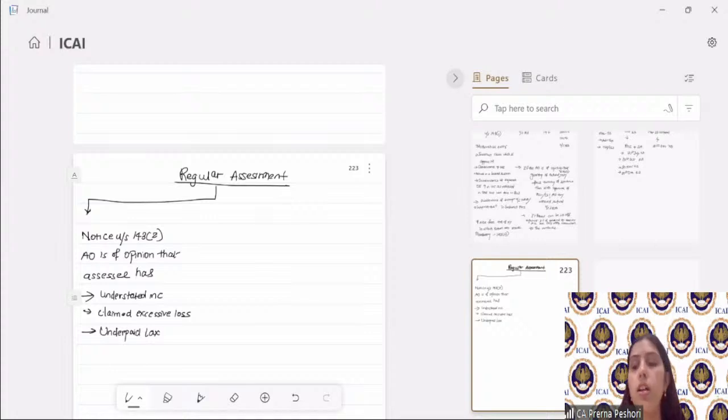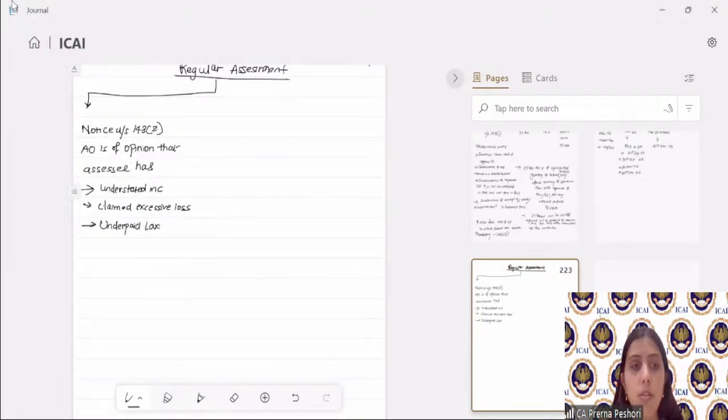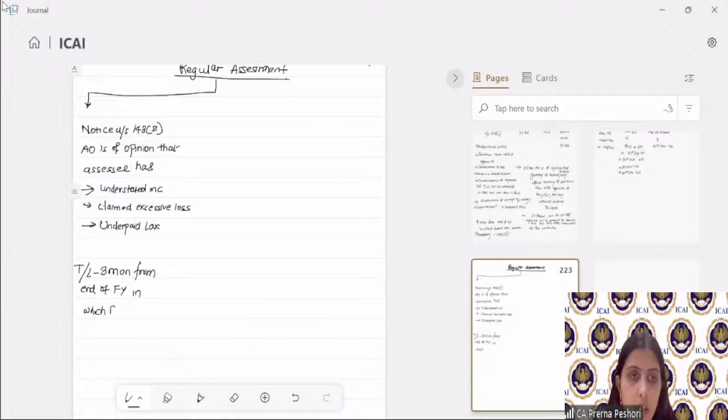Now, what is the time limit for the notice under section 143(2)? The time limit is 3 months from the end of the financial year in which the ROI is furnished.